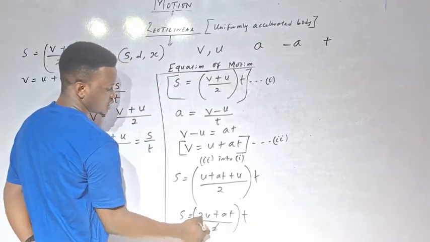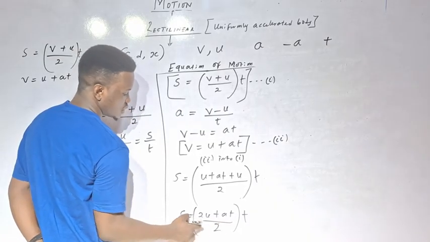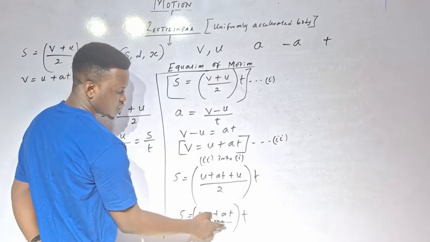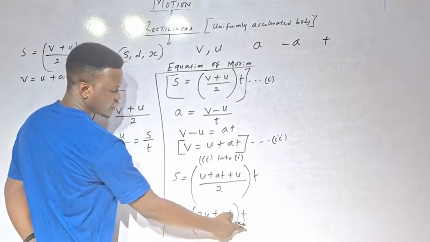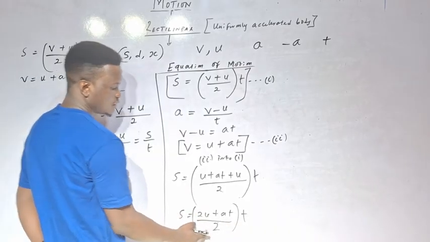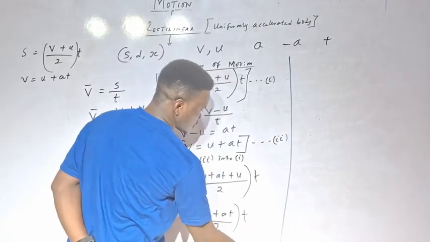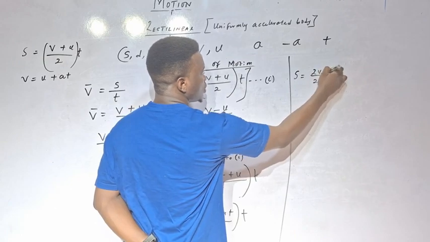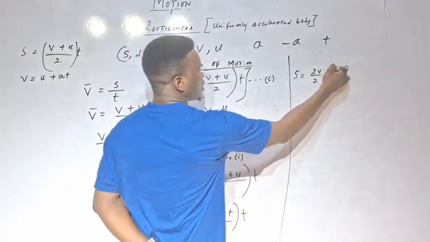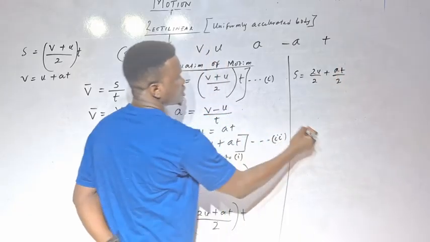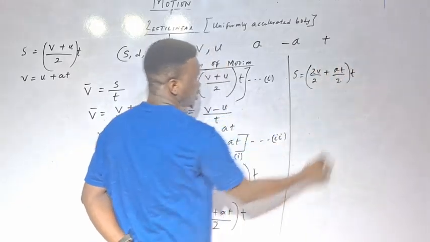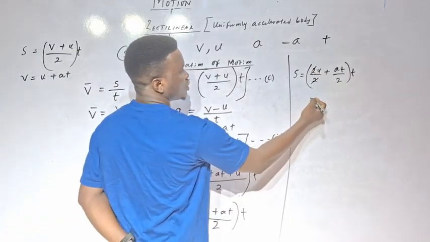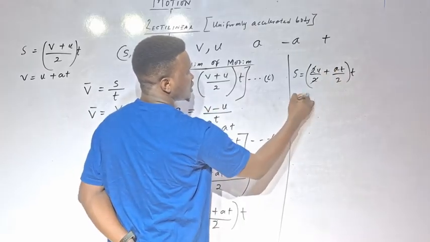So let me do it this way. 2U over 2, that's U, plus 1/2 AT. If I bring T inside now, let me split this. So I can say that S = 2U/2 + AT/2. It's the same thing as what I have in that bracket. This 2 and 2 can go. So this would be 1/2.